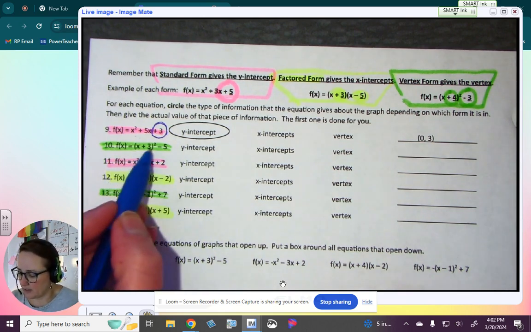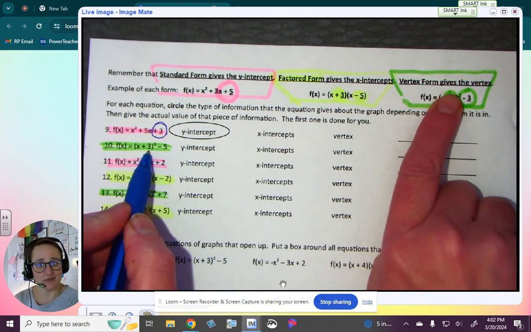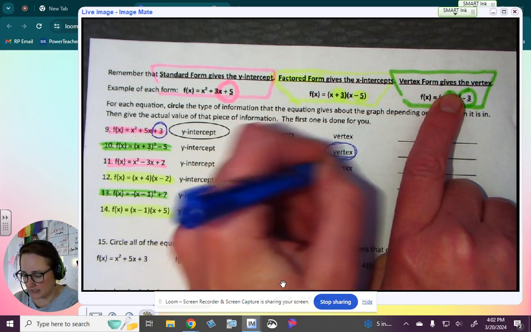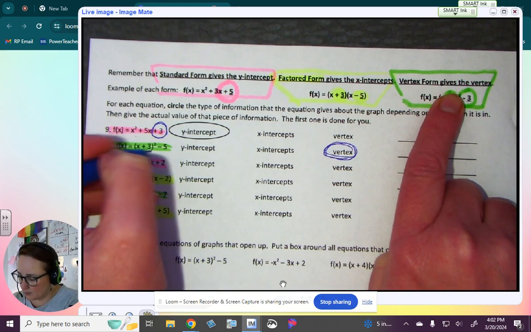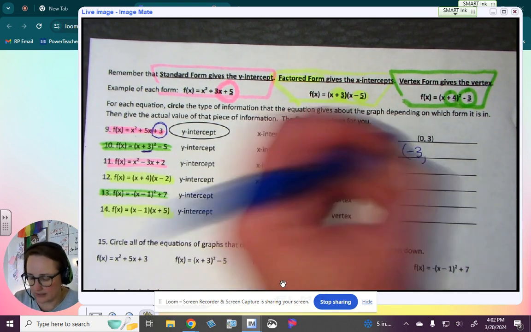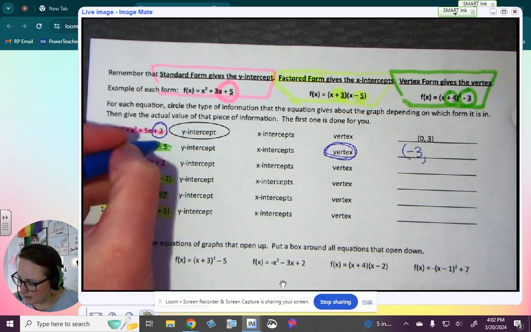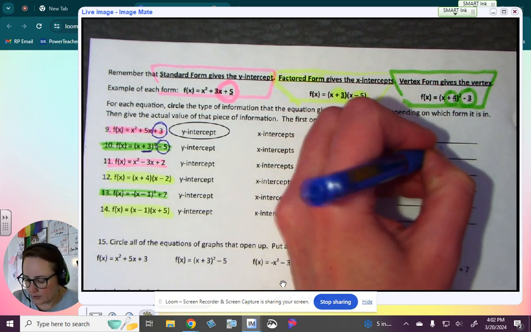Our second one here, I see a set of parentheses, and I see something squared. That's an example of vertex form, so this is going to tell me the vertex most easily. I'm going to take that number with the x and change the sign to be a -3, that's the x coordinate, and the number outside tells me the y coordinate directly.